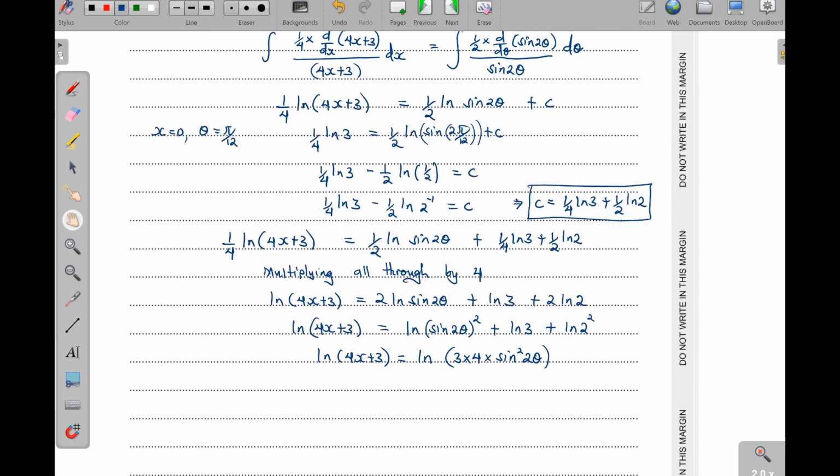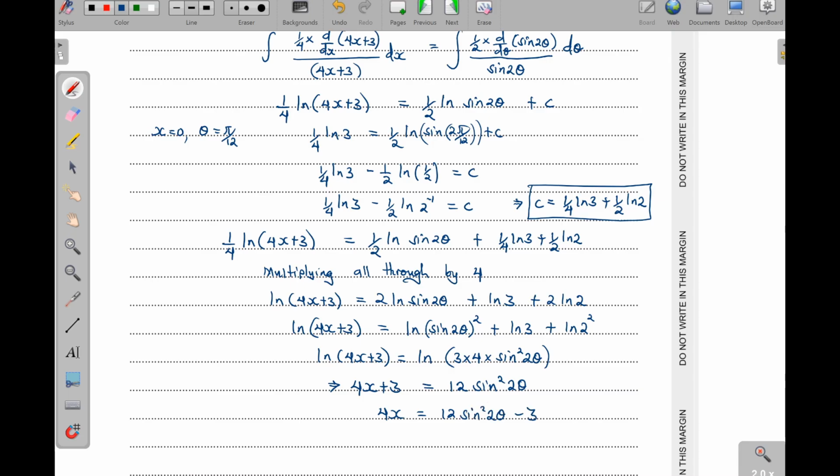And now we can see a logarithm equated to a logarithm. That means the powers are equal. So therefore 4x plus 3 has to be equal to, this one is 12 sine squared 2 theta. So 4x here then shall be equal to 12 sine squared 2 theta.